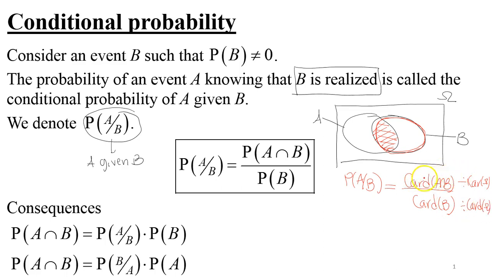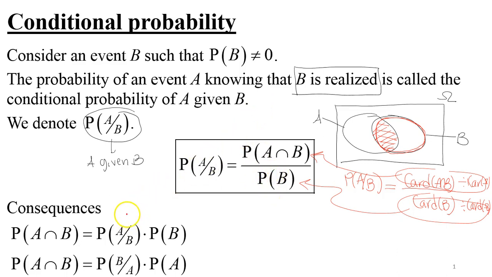The cardinal of A inter B divided by the cardinal of omega is defined by the probability of A inter B, and the cardinal of B divided by the cardinal of omega is defined by the probability of B. So to determine the probability of A given B, you could either use the probabilities of A inter B and B, or the cardinals of A inter B and B. It's in fact the same thing, they're equivalent. So it's the probability of the intersection of the two events divided by the probability of B.